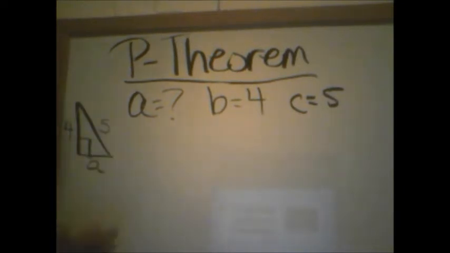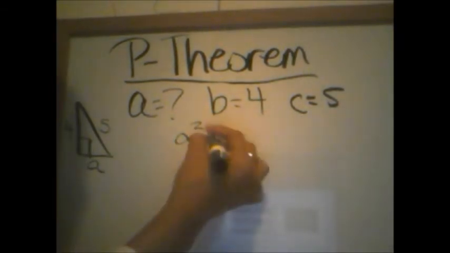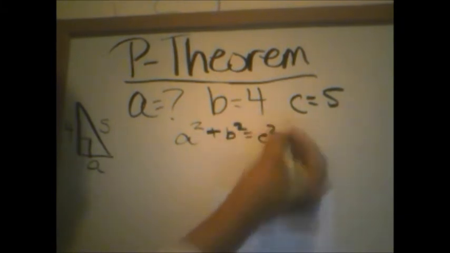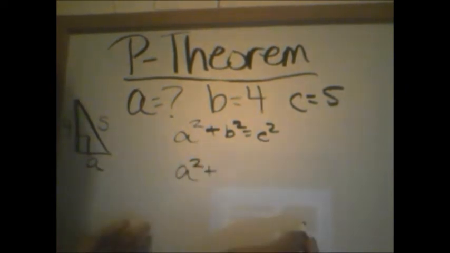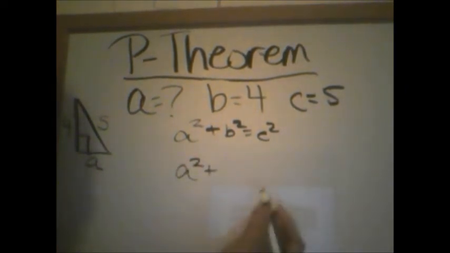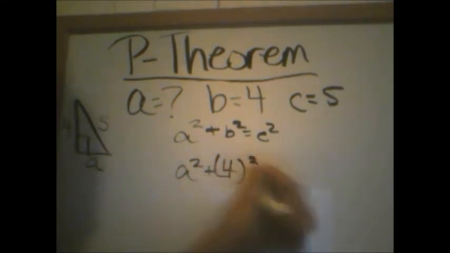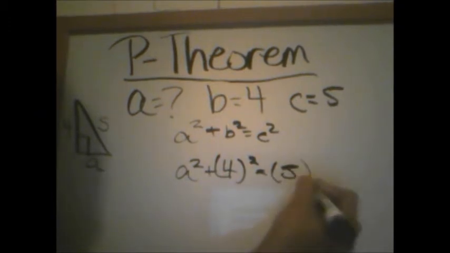Okay, so given the previous equation, a squared plus b squared equals c squared, we know that we don't have a, so we'll just leave it as is for right now because that's what we're looking for, plus b squared, which would be 4 squared, equals c squared, which is 5 squared.